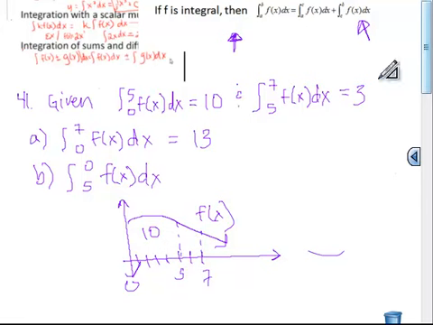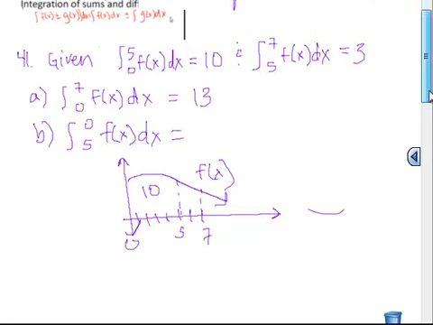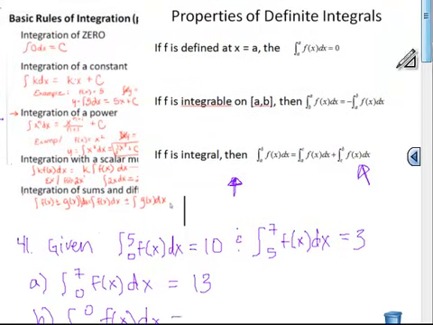So what the property up here allows us to do is this: if the lower number appears on top and the higher number appears on the bottom, which should be the opposite, then you can rewrite this as negative the integral from 0 to 5 of f of x dx.